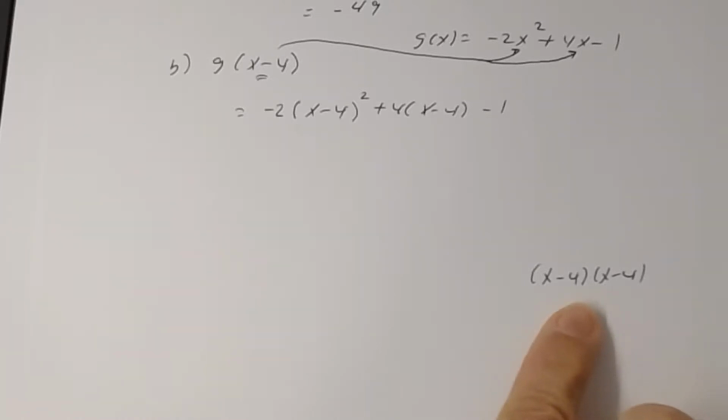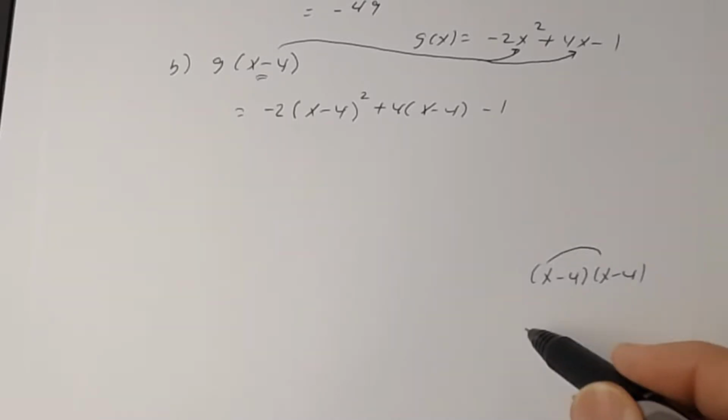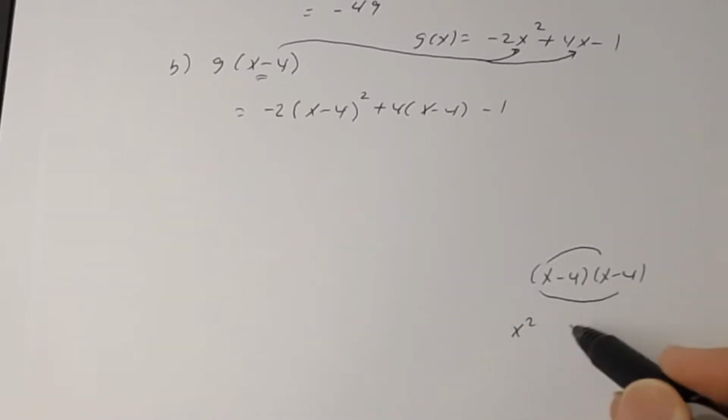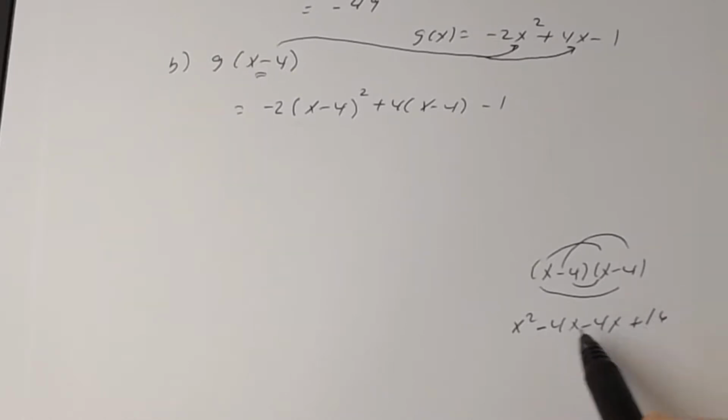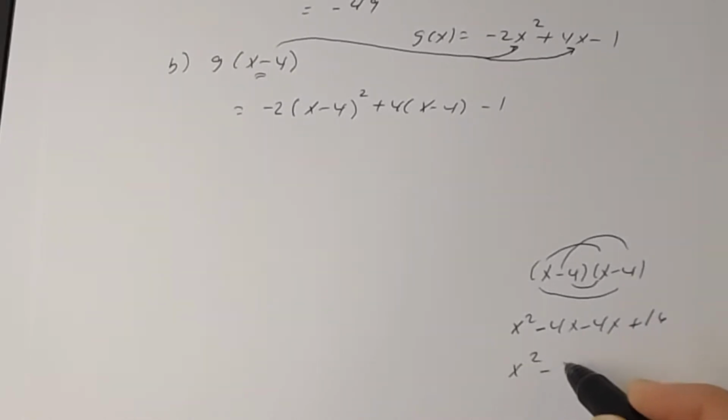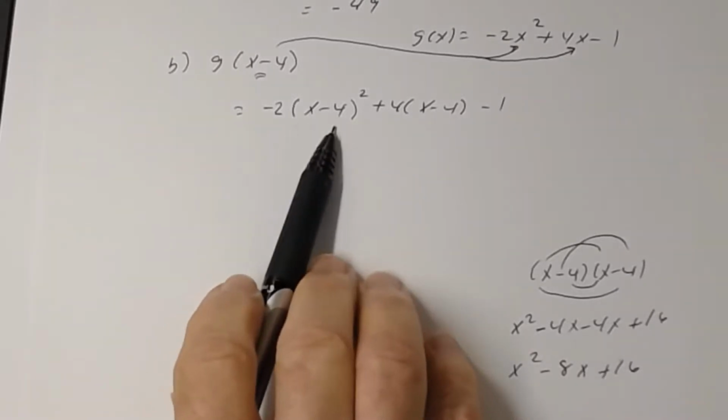When you multiply two binomials, you use the FOIL method. So what's x times x? What's the outer? What's the inner? And what's the last? Positive 16. So this becomes x squared minus 8x plus 16.